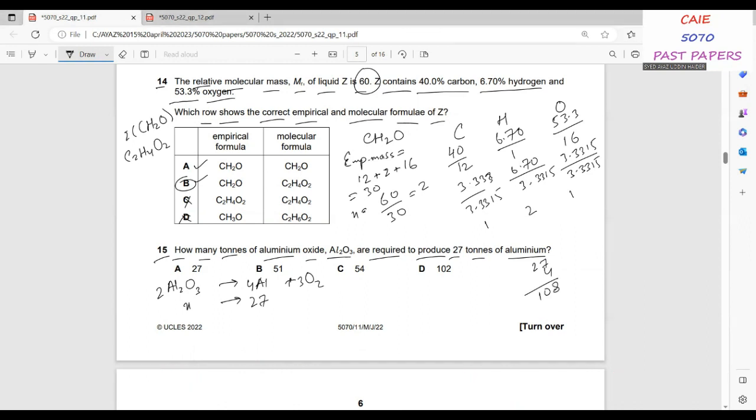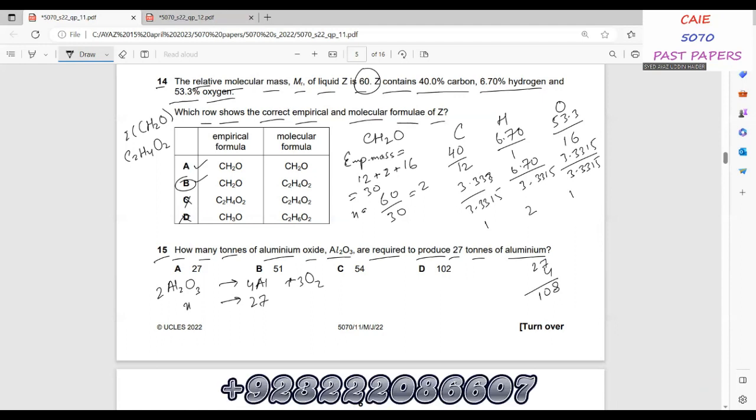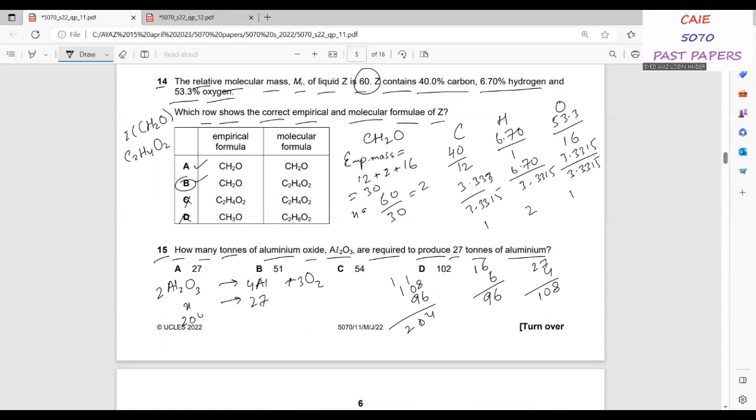For oxygen, 2 multiplied by 3 will be 6. And we will multiply 6 atoms of oxygen by the Ar of oxygen, that is 16. We will get 96. So add 96 to 108. 204.